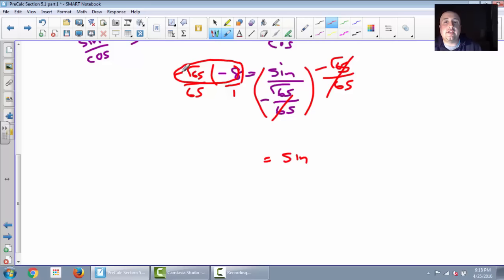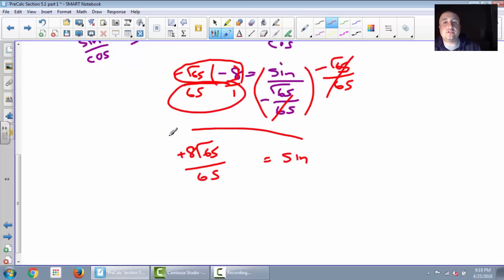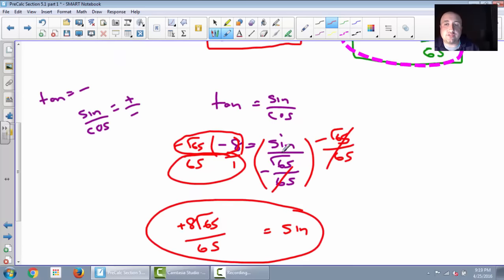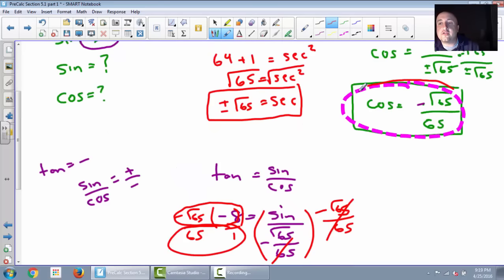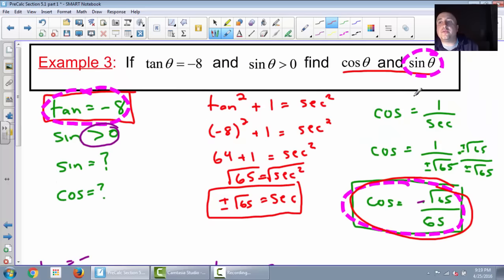What is negative √65 times -8? That's positive 8√65. And on the bottom is 65 times 1, which is 65. So sine is 8√65 over 65. Cosine is negative √65 over 65, and we have solved the problem. That's what they want us to solve.